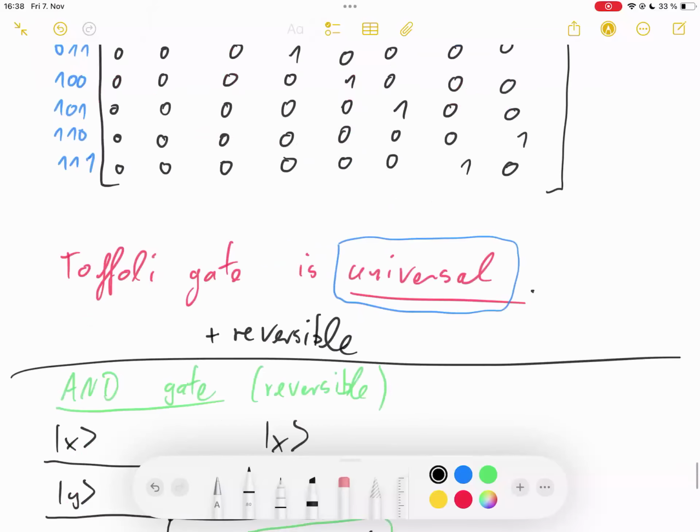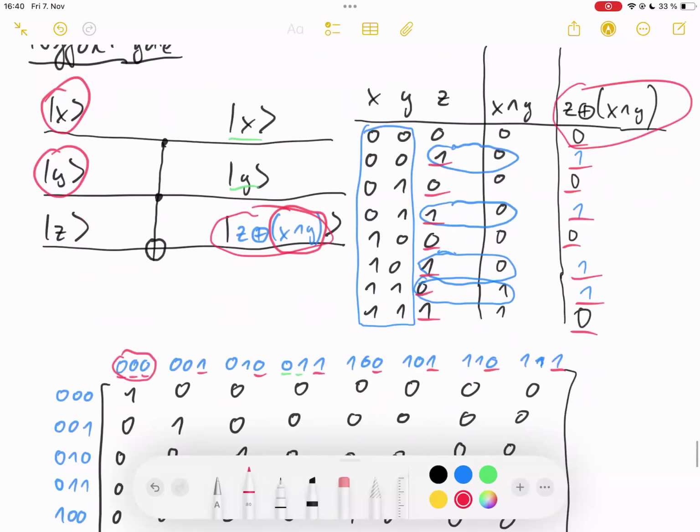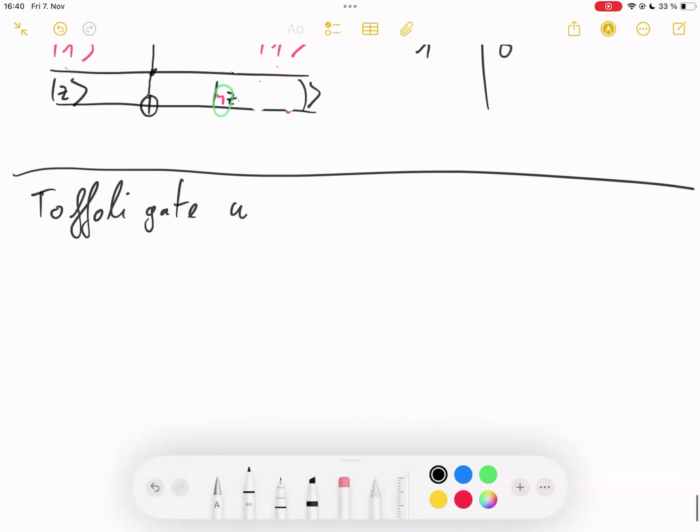So what I want is, the classic Toffoli gate here we saw has two so-called controlling bits, X and Y, which were these controls here. But I want to have a third controlling bit now. So I want to have a Toffoli gate with three controlling bits.